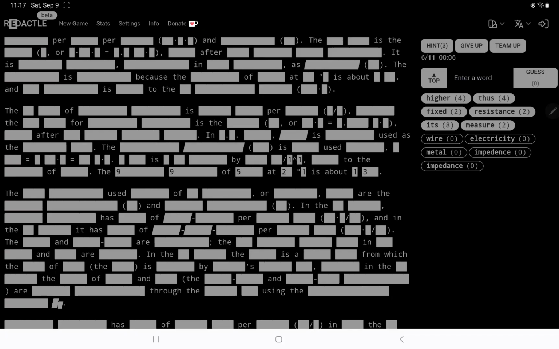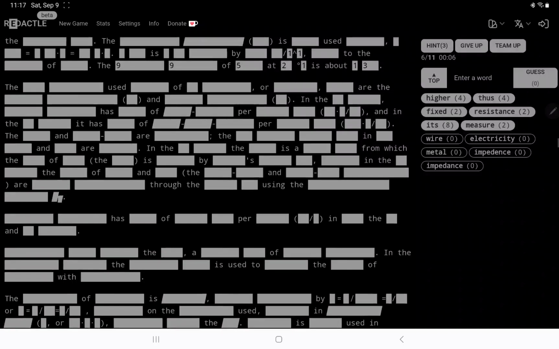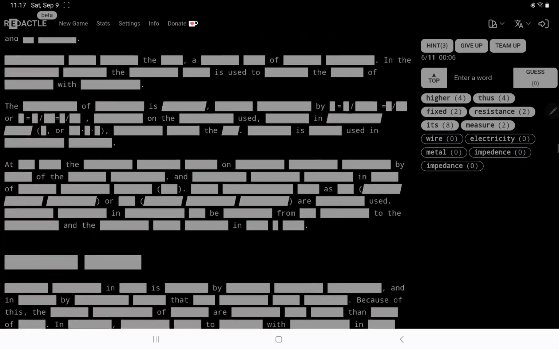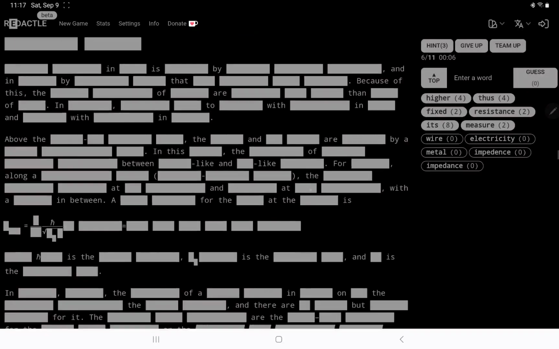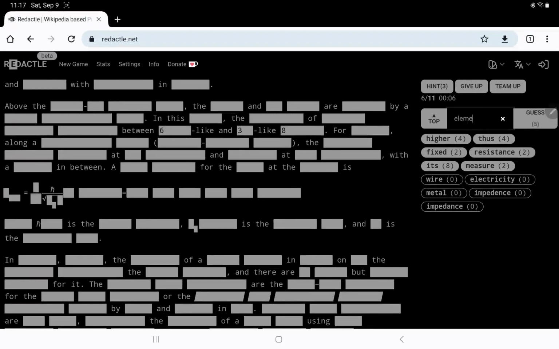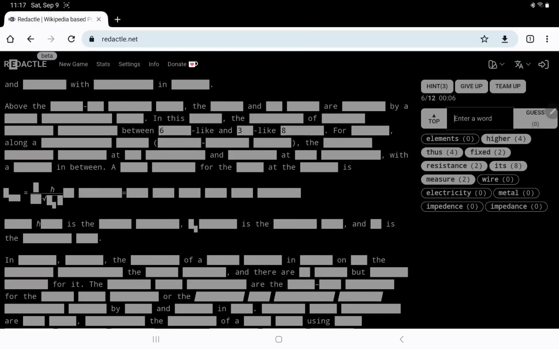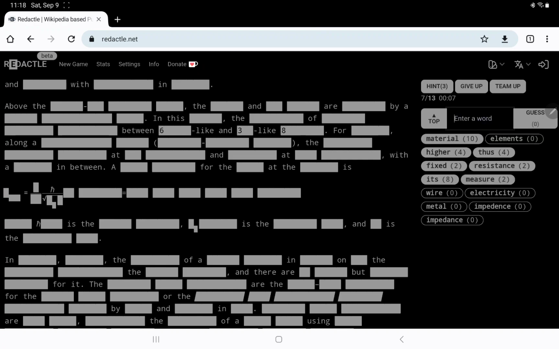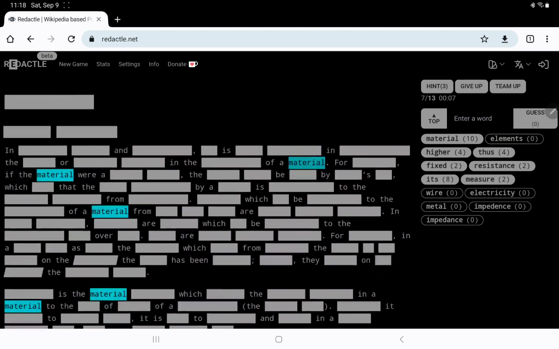The 99 of 5. Okay, between something like and something like. Are they elements? No. How about material? 10 materials.